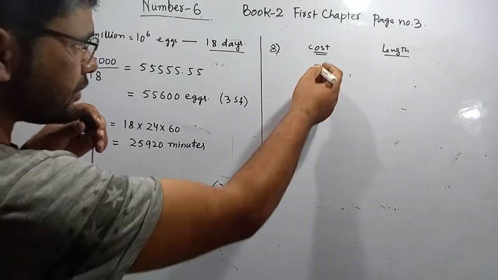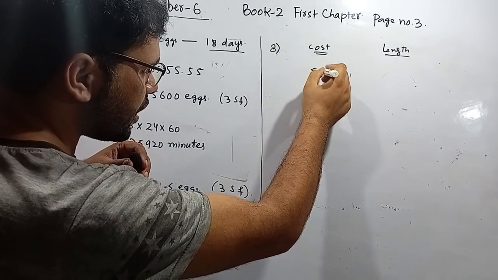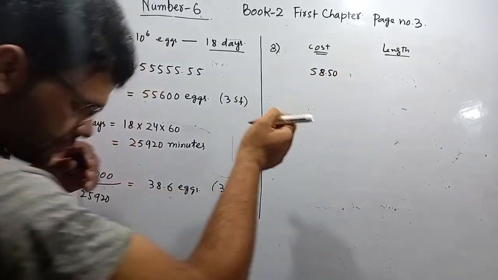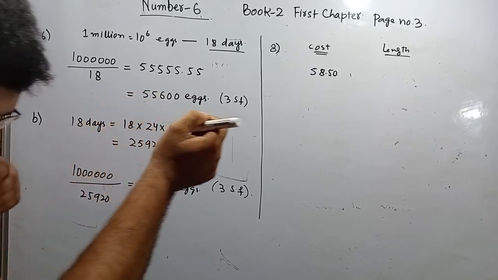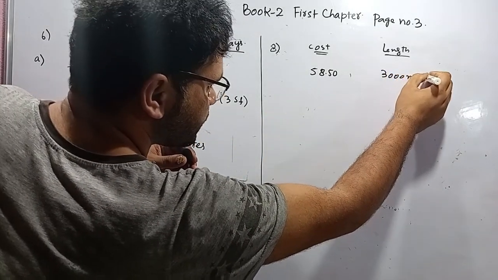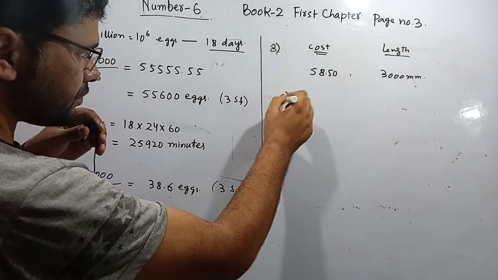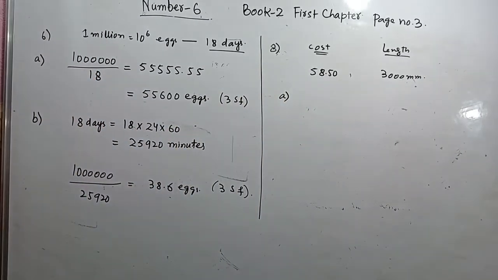So I will write here, first I will write cost, it is 58.50, it's given there, and then I will write the length, it is 3000. Now the first part is: find the cost of 5 meter length of this wood.